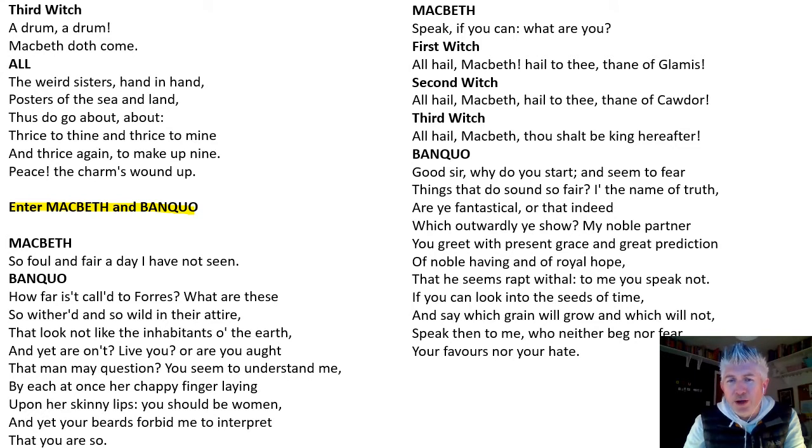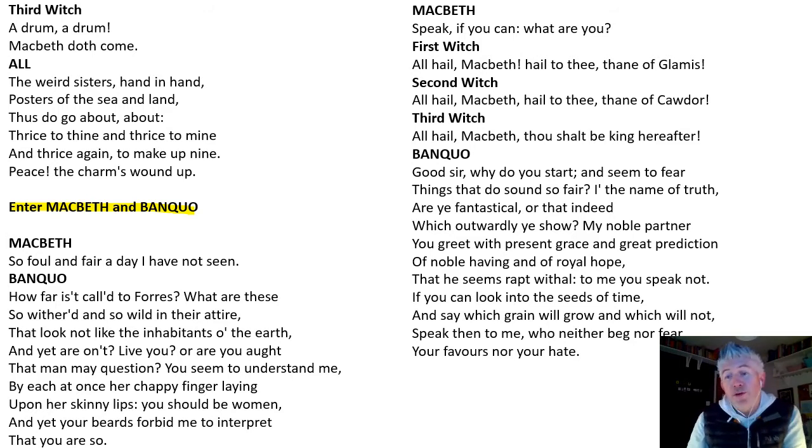My noble partner you greet with present grace and great prediction of noble having and of royal hope, that he seems rapt withal. To me you speak not. If you can look into the seeds of time and say which grain will grow and which will not, speak then to me, who neither beg nor fear your favours nor your hate.